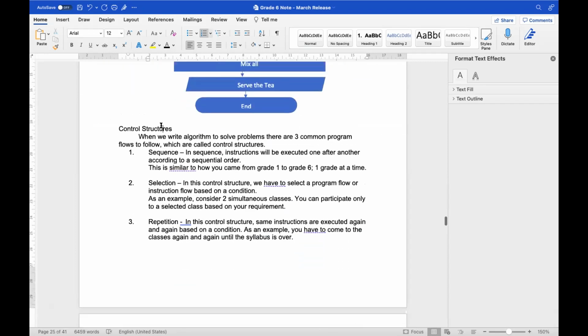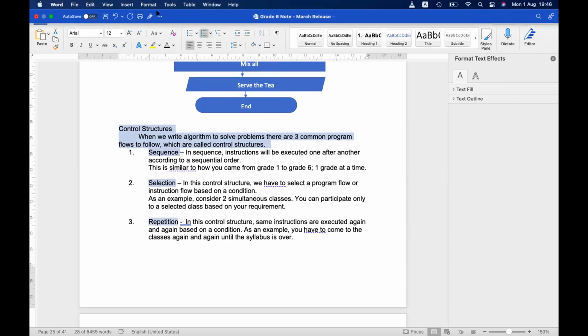No need to write down the note, at least write down these names. Sequence, selection, repetition. Three control structures are there. No need to write down the description, but just write down what the three control structures are and why they are called control structures. So please write this.